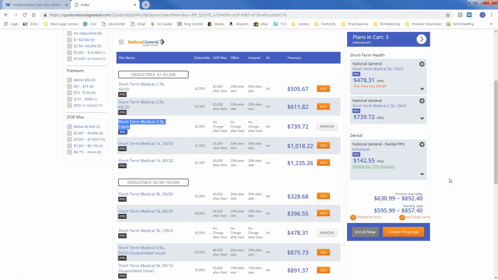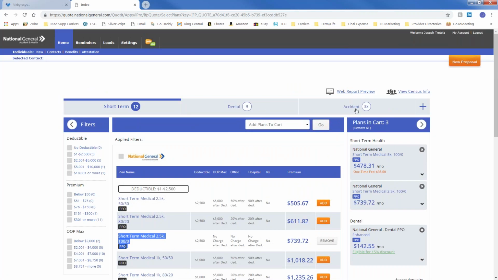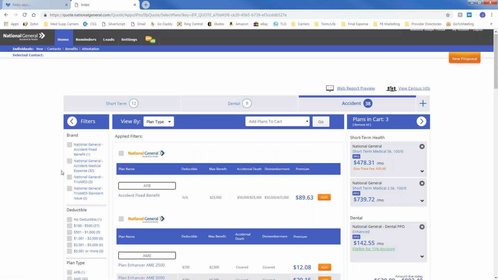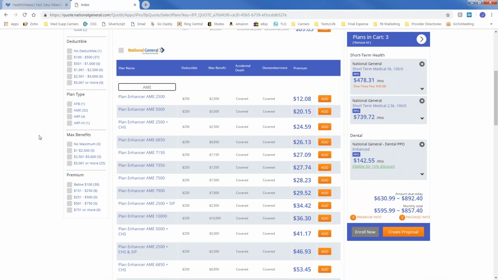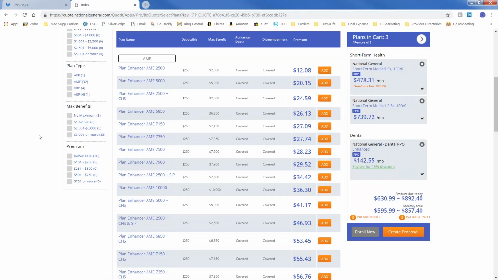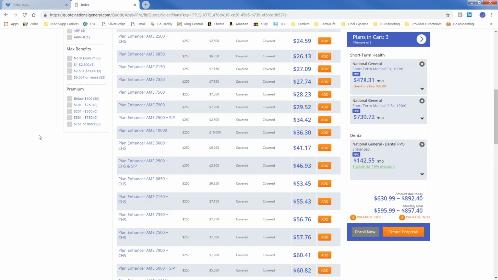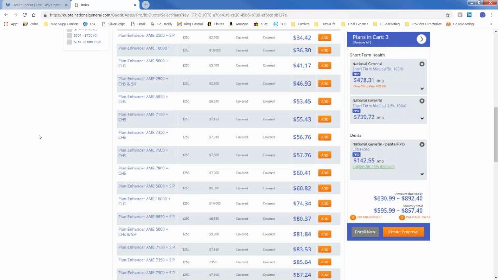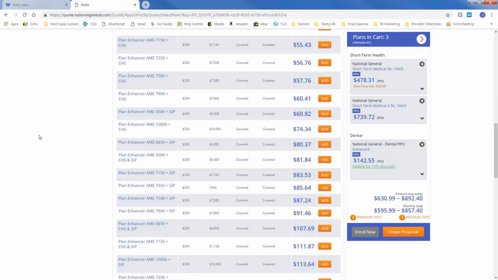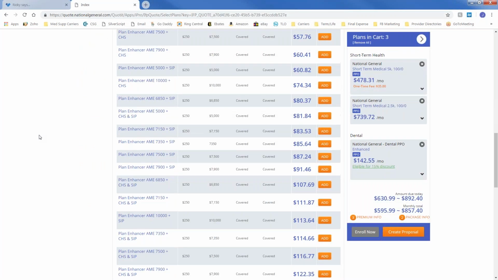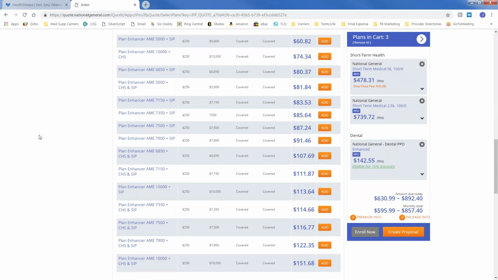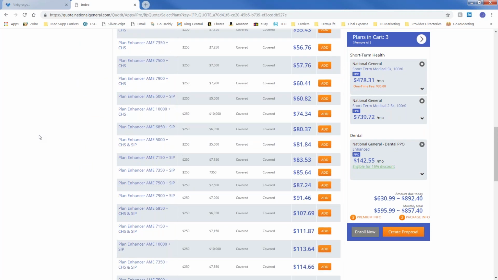Next, I want to go up to the accident section and find the plan enhancer that has a $5,000 payout but also includes all three components: the cancer, heart attack, and stroke, the hospitalization, and the accident medical expense.